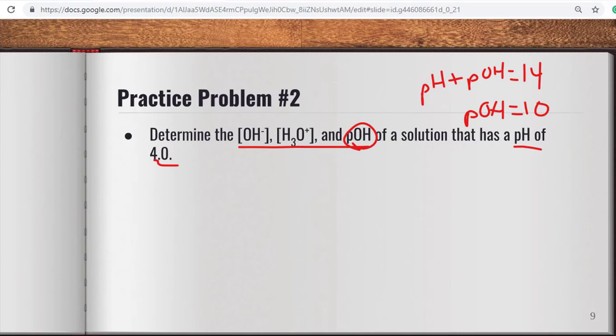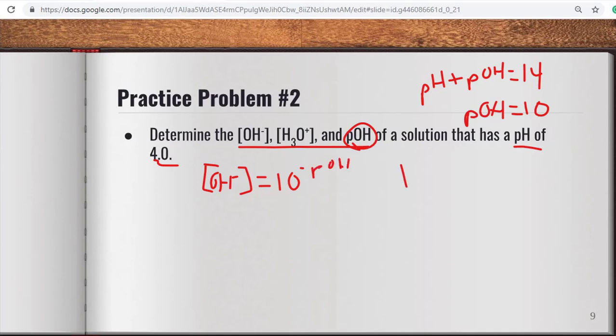Now the other two are a little bit tricky, and this is an equation I haven't shown you yet, but I'm going to show it to you now. You can do the inverse function of the log, and it's really easy to figure out the concentrations of hydroxide and hydronium. The formula is that the concentration of OH minus equals 10 to the negative pOH.